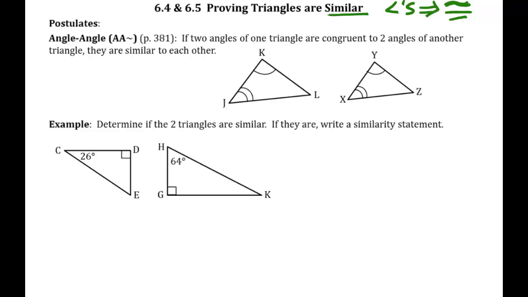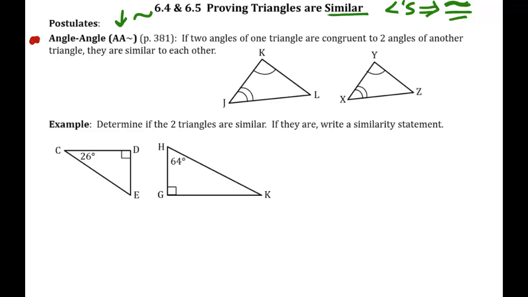Now remember, angle, angle, angle was not a proof for whether or not triangles were congruent, but we do have angle, angle similarity. This is what you'll be using to show the AA similarity. Remember, the little squiggle symbol means similar. That's one of the postulates we can use.